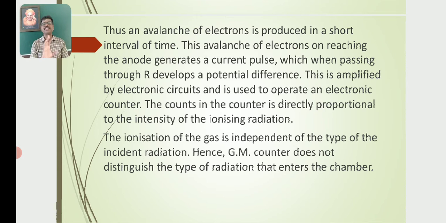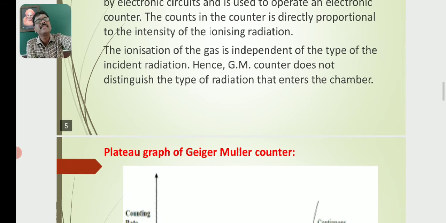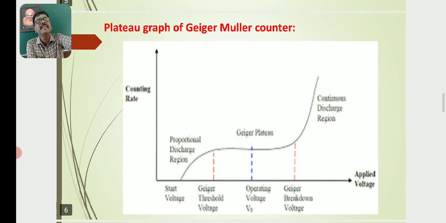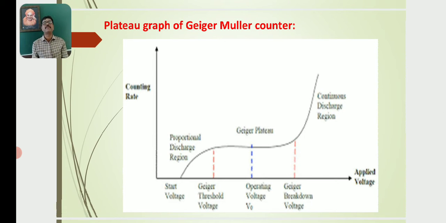This is one of the demerits of the Geiger-Müller counter. It counts the number of radiations or particles entering the chamber, but does not give an idea about the type of radiation.